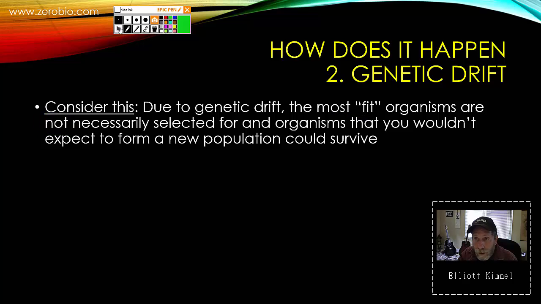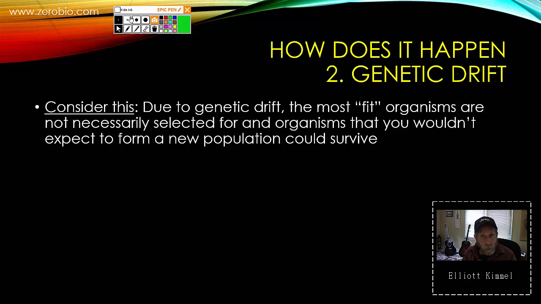So I want you to imagine this, because usually when people think about evolution, they think the most fit organisms are going to be the ones to survive, right? The most adapted. And that's often how it will work. If an organism is well adapted and has the right length of beak or thickness of fur or whatever, they're going to survive. They're going to pass on those traits, and the population will evolve in that direction of having long beaks or thick fur or whatever.